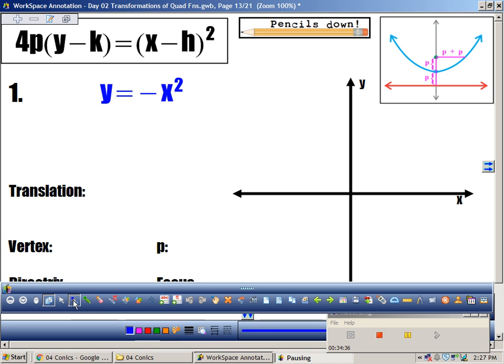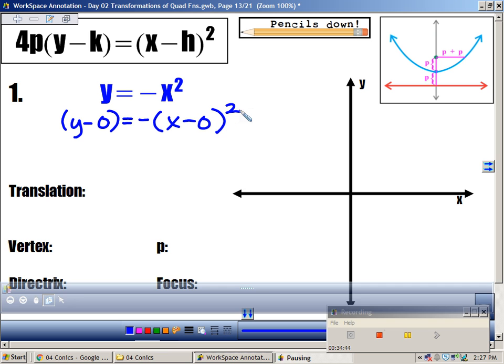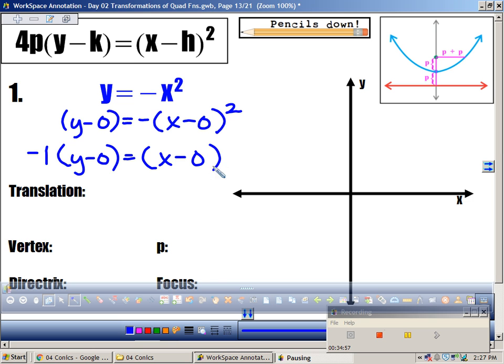My vertical change is not changing at all, and my horizontal change is also not changing at all. Technically, I'd like to put that negative over here. If I divided both sides by negative, I would say this would be transformational form, and I would have every piece of information that I need.